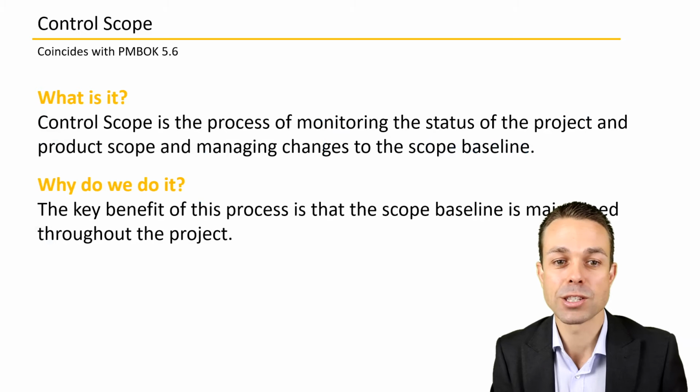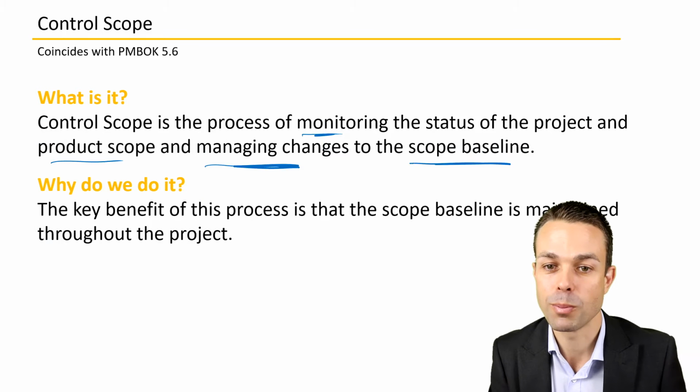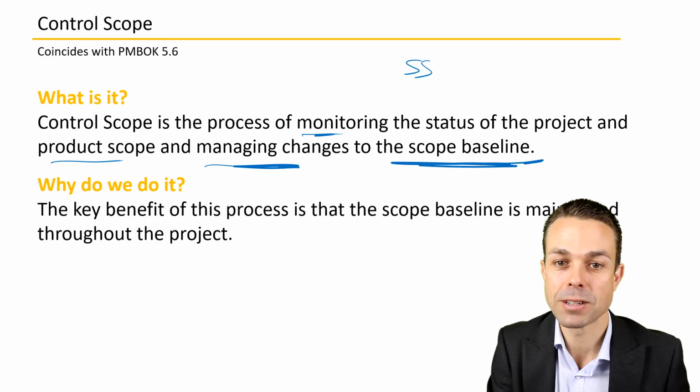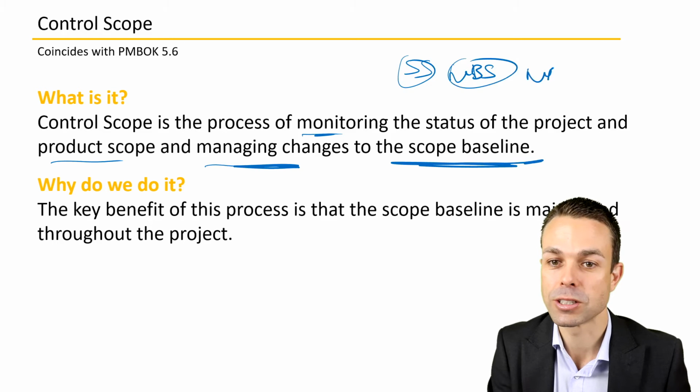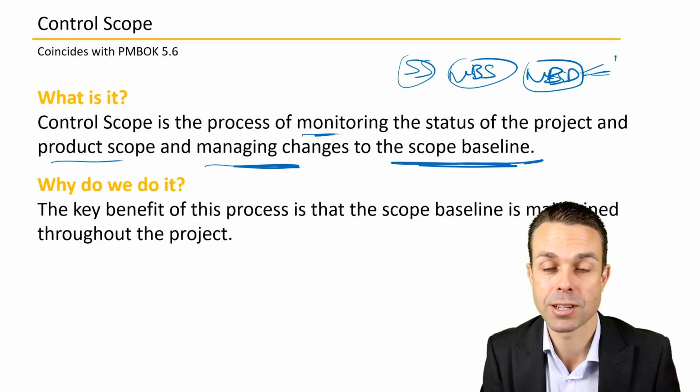Controlling the scope is the process of monitoring the status of the project and product scope and managing any changes to the scope baseline. Remember, the scope baseline is our scope statement, our work breakdown structure, and our work breakdown structure dictionary, which has more information, the acceptance criteria, the item numbers and stuff like that.